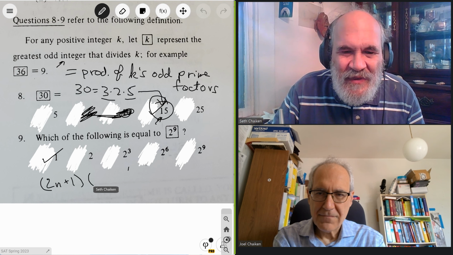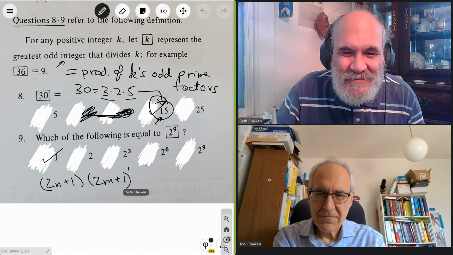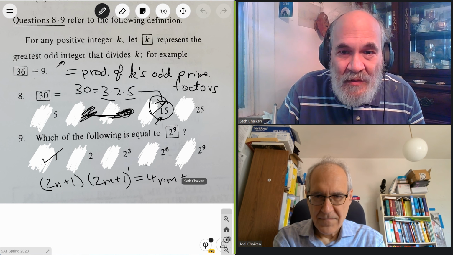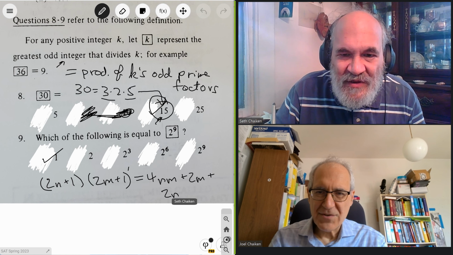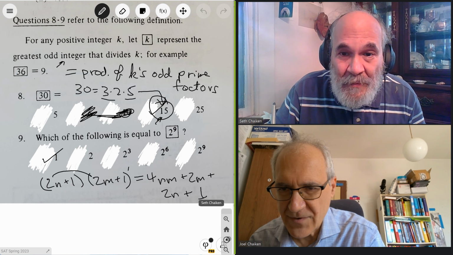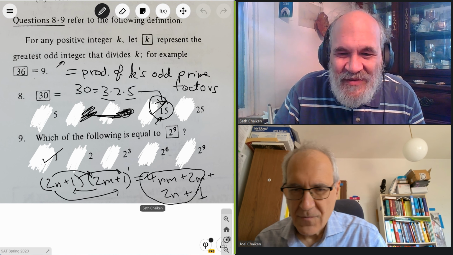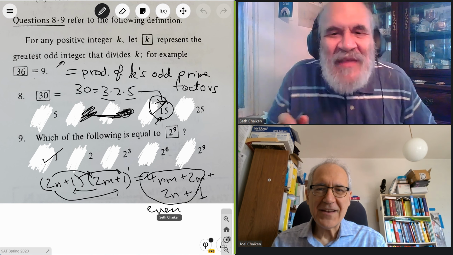So if you multiply 2 odd numbers, you get 4 times some number plus 2 times some number plus 2 times another number plus a 1. And all this stuff is even. That's a cool proof. Wow, yeah.